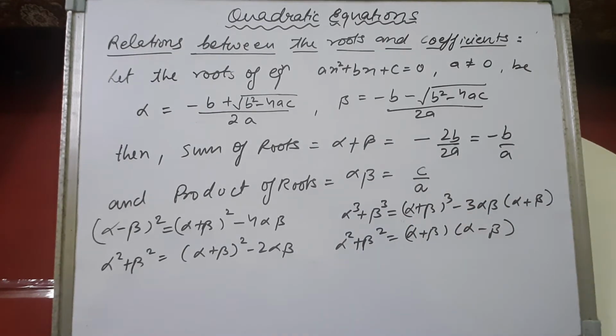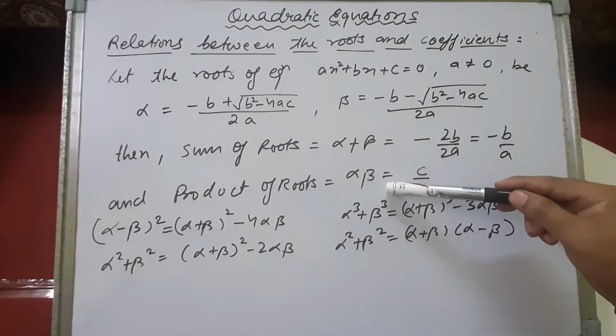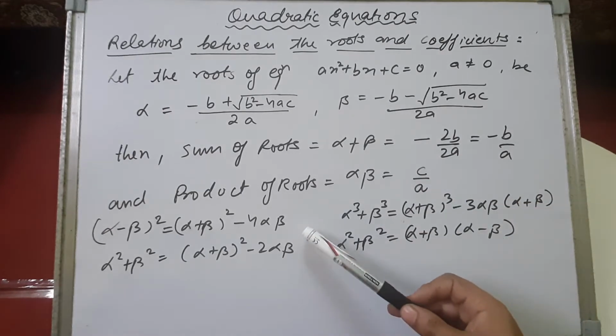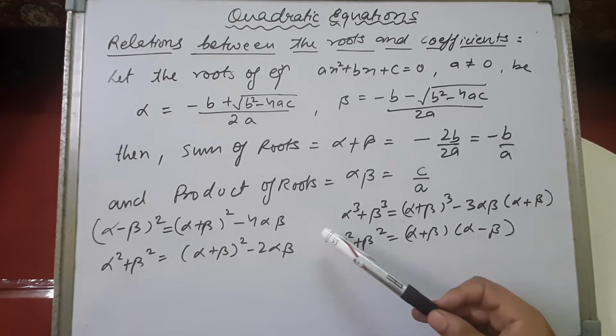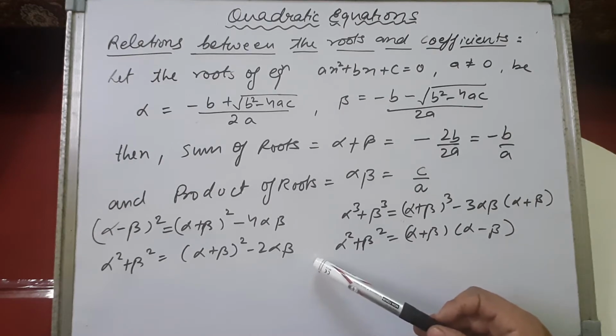Okay. And when we have obtained the value of the sum of the roots and the product of the roots, then these are the symmetric functions that can also be obtained. Like alpha minus beta to the whole square can be written as alpha plus beta to the whole square minus 4 alpha beta. Alpha square plus beta square can be obtained from alpha plus beta to the whole square minus 2 alpha beta. Alright.